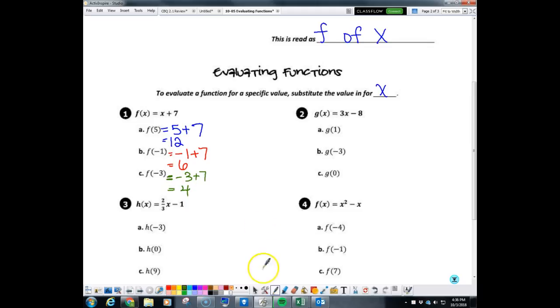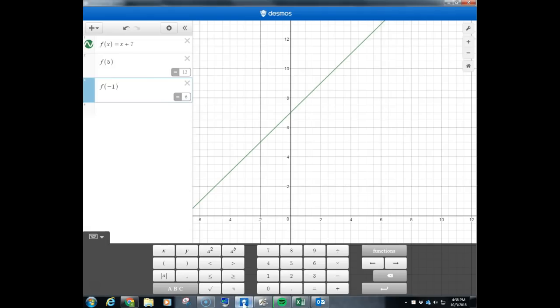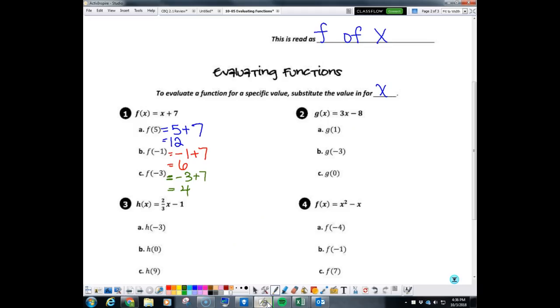So you can come down here to Desmos, f of negative 3, and it gives me 4. Okay, so it's pretty straightforward, right? Especially if you use Desmos. All you have to do is type this in, and then you type these in separately.